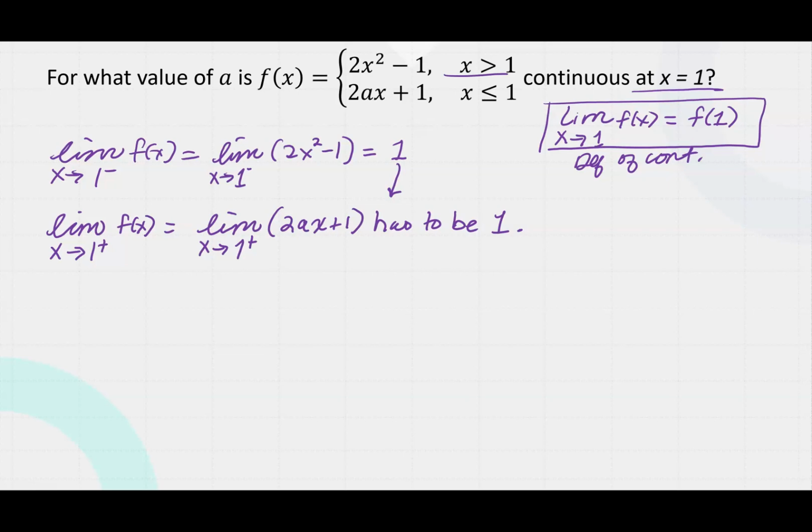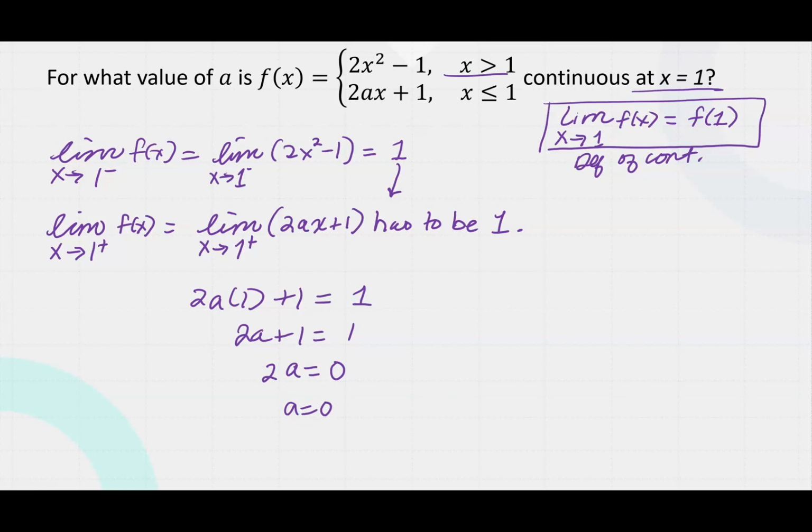In order for the function to be continuous, this limit has to be 1, meaning 2a times x, and x in this case is 1, plus 1 has to be 1. So 2a plus 1 is 1, minus 1, so 2a is equal to 0 and a must be 0.